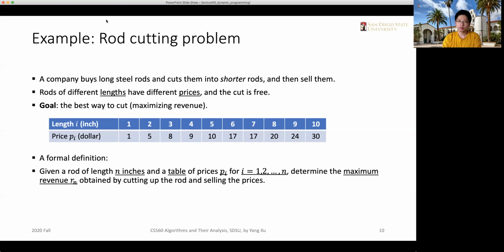Okay, so this maximum revenue is something we want to know. Okay, and of course, the solution and how we choose the place to cut is also part of the solution. Okay, but we will start from this maximum revenue as the target solution we want to know about.